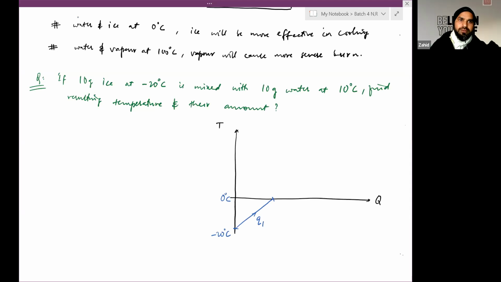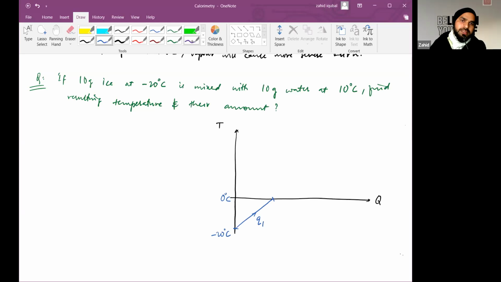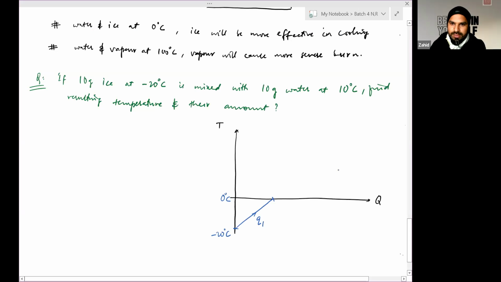Similarly, for water, initially it is at plus 10 degrees Celsius at this point. On getting mixed with ice, some of its heat may get lost. So it may acquire this particular temperature by losing some amount of energy, let's say Q1.